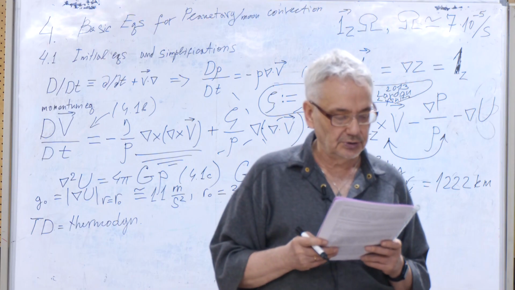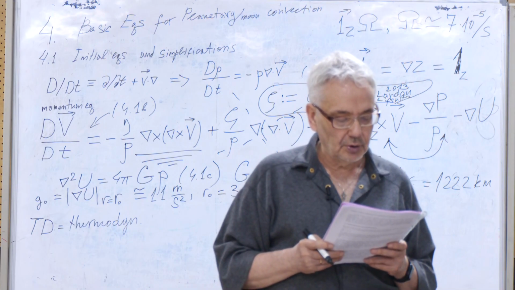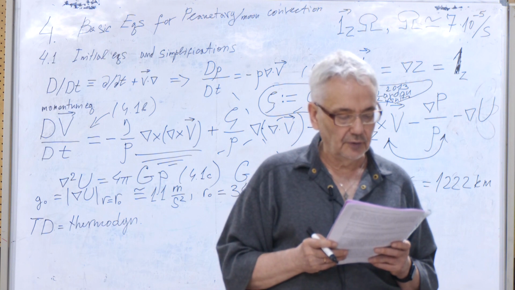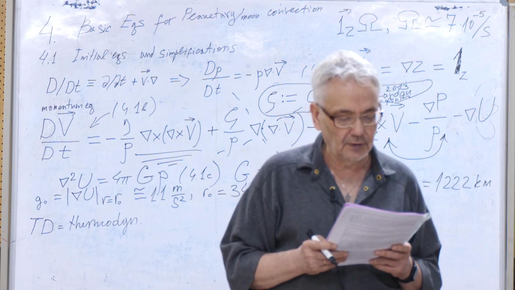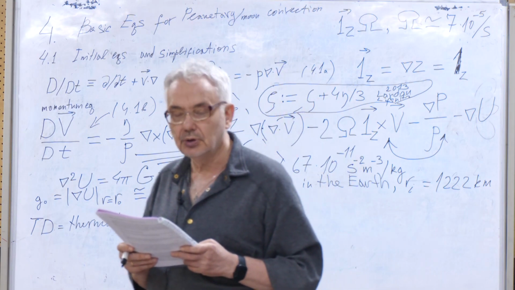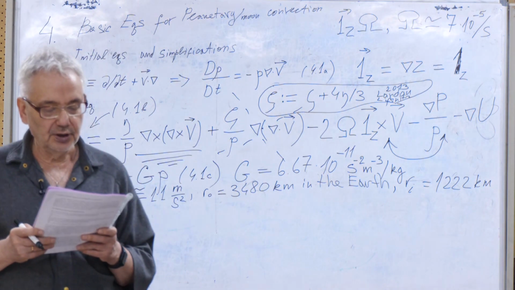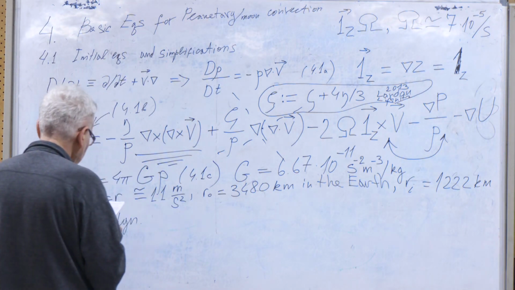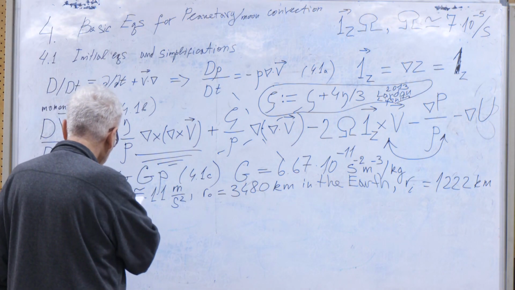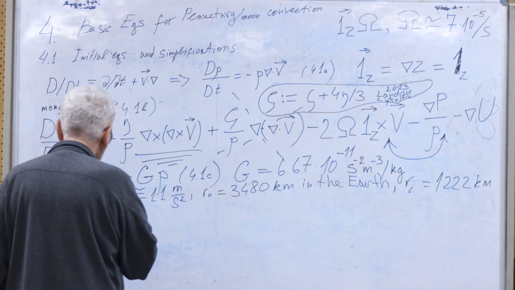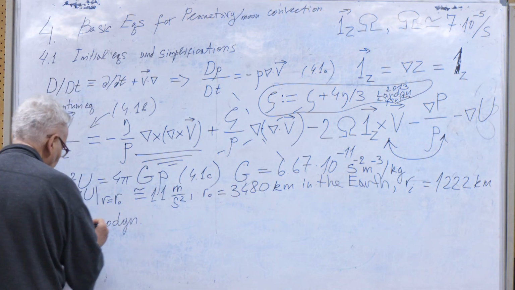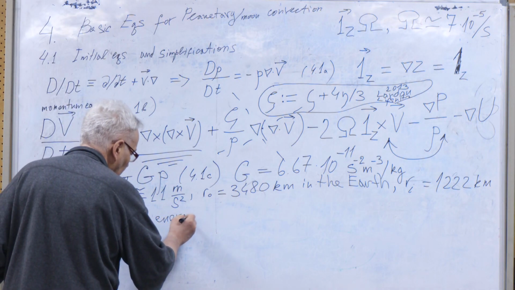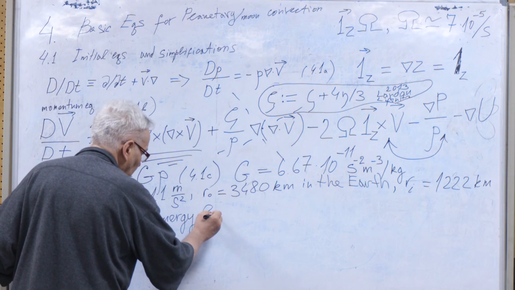So we will write the law of conservation of energy in the form of a general equation of heat transfer for specific, meaning per kilogram of mass, entropy S. Capital S is our entropy. So we write down the energy law.